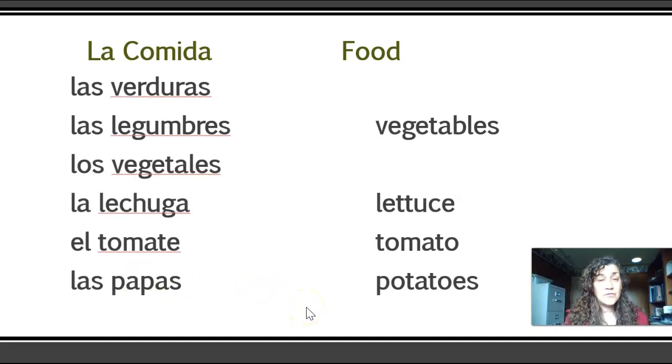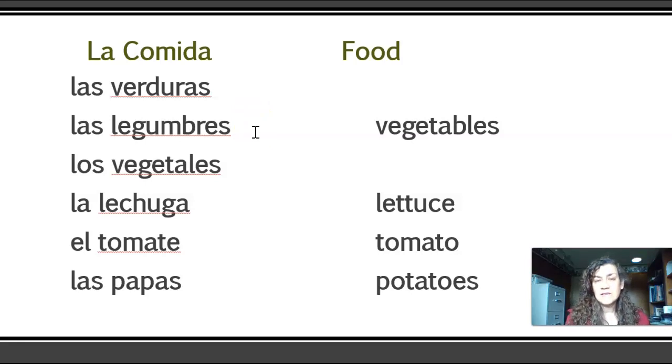And these are vegetables. Now, in Spanish, there are actually several words for vegetables. Probably will be different depending on exactly where you are. So you can say las verduras, which literally are the greens. You can see part of the word verde in there, green. Las verduras. Or you can say las legumbres.